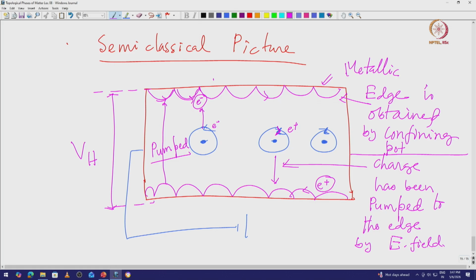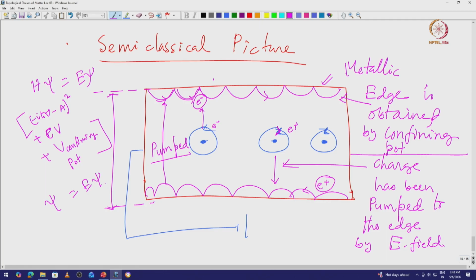Okay. So, what you can do is go back to the Schrodinger's equation that we started with, then put in the potential due to the electric field plus a confining potential, equal to E. And what you will find?